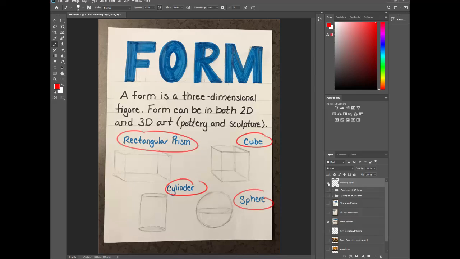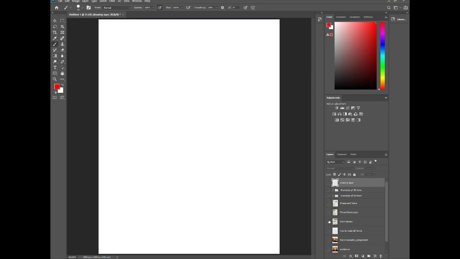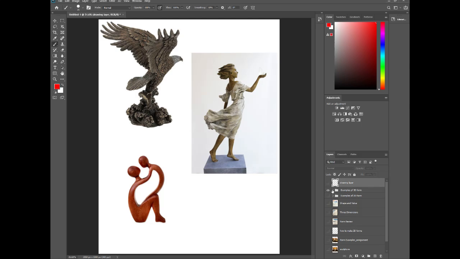Now, like I said earlier, form can be seen both in 3D art and in 2D art. So some examples for 3D, again, are sculptures, okay? They can be very realistic, as you can see in these 2 examples right here. All right, we have the eagle and we have the girl right here.